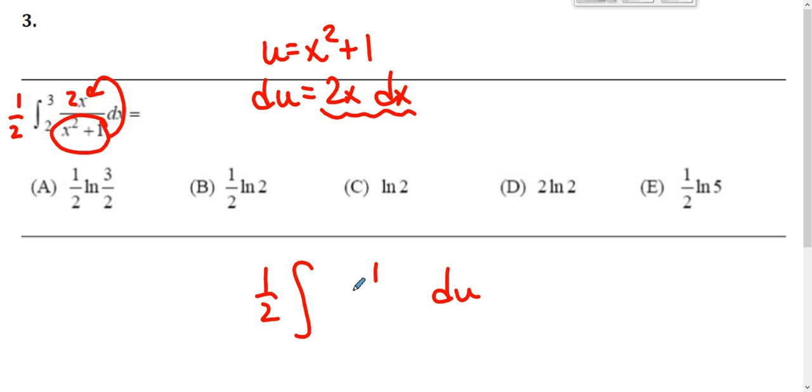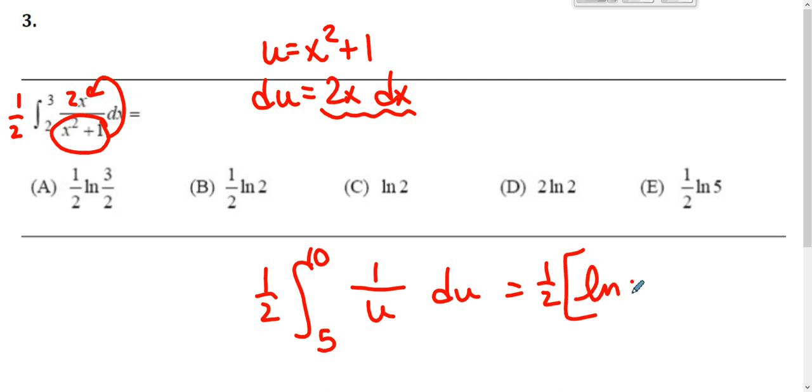There's no more 2x up there. X squared plus 1 is just, well, I'll tell you what, how about that? And so all we do is find an antiderivative of 1 over u, substitute, and subtract.